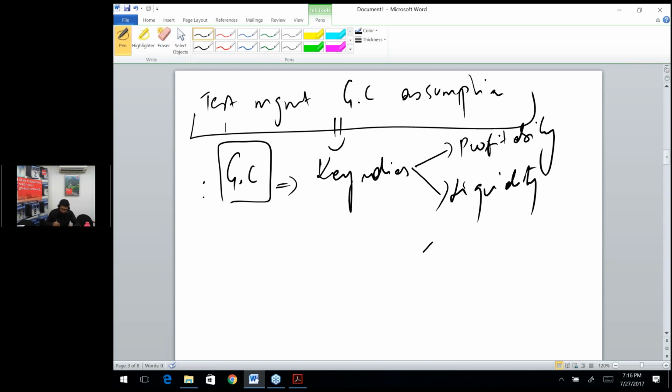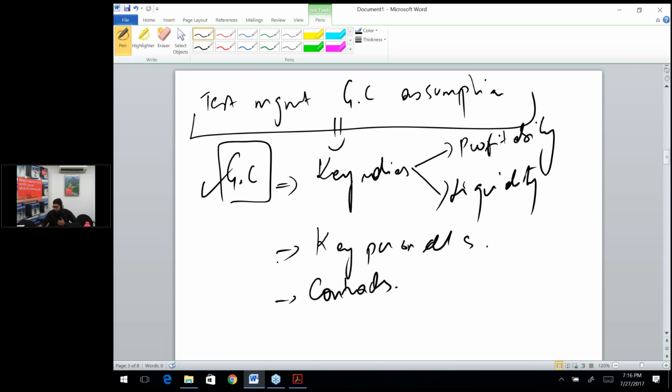What else is going to be there? Key personnel. If the key personnel are leaving, the going concern might be a question mark. At the same time, various contracts that they have could also be another important point.